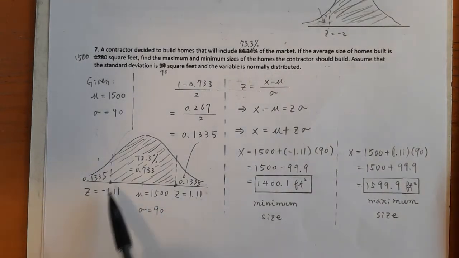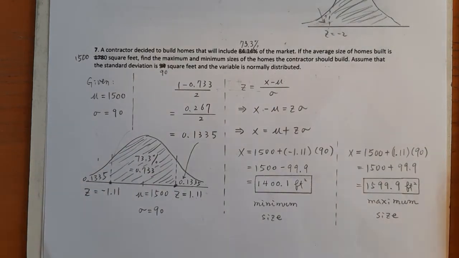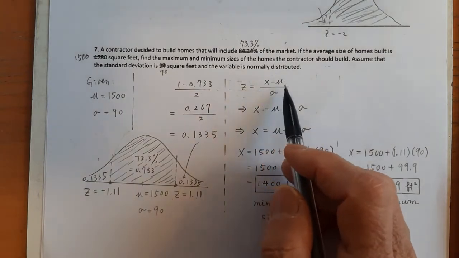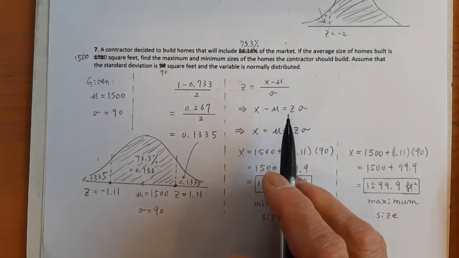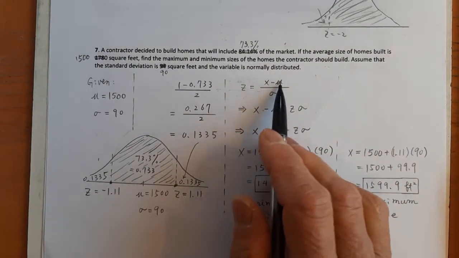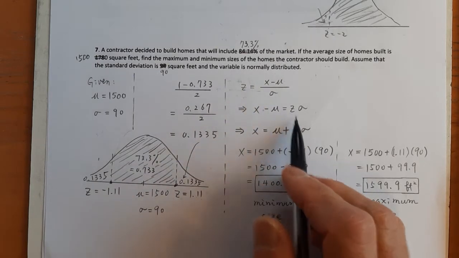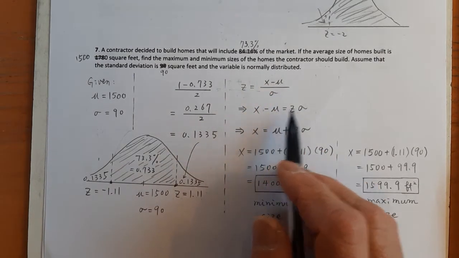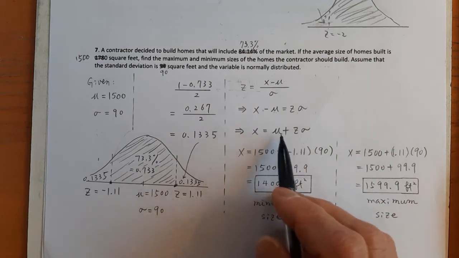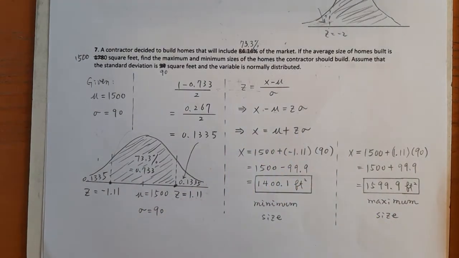Then we convert this Z-score to an X value using Z equals X minus mean over sigma. So X minus mean equals Z times sigma. Add the mean to both sides, so X equals mean plus Z times standard deviation.